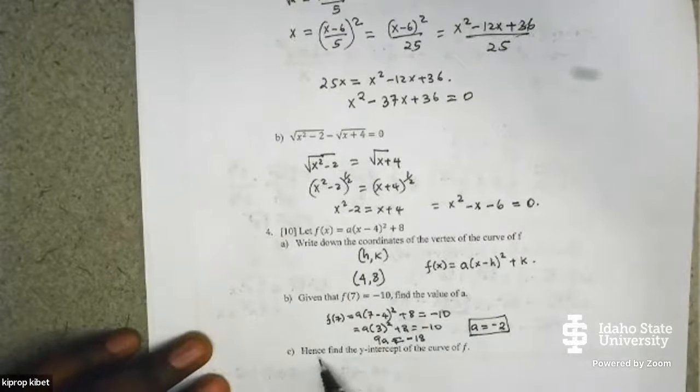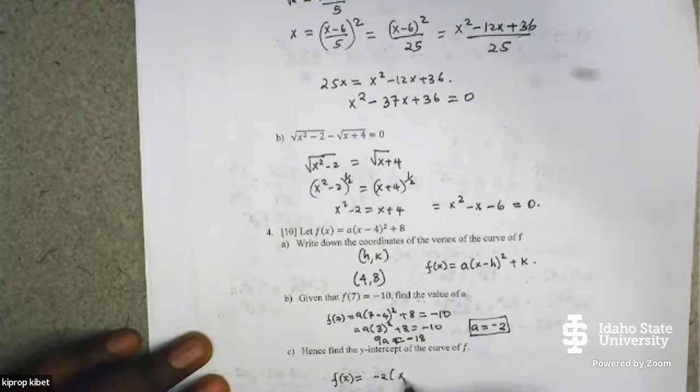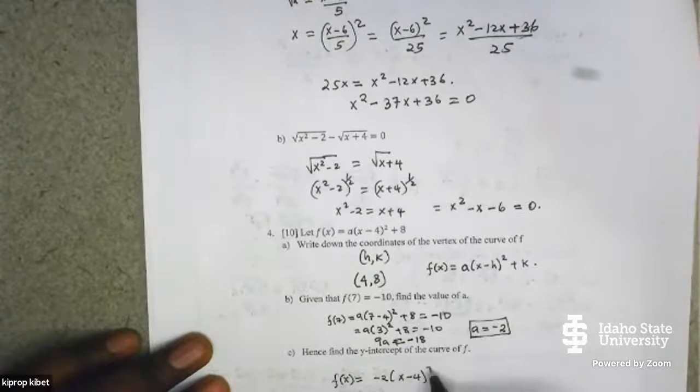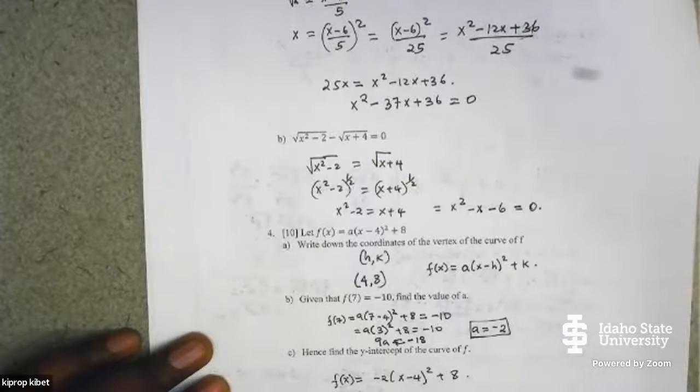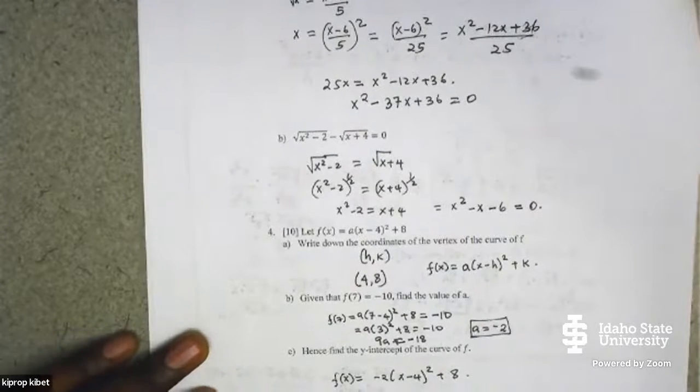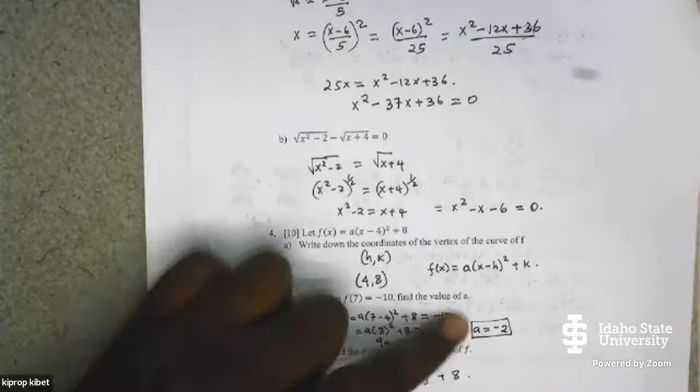Now, you have found a. So you have now f of x equals minus 2 times (x minus 4) square plus 8.